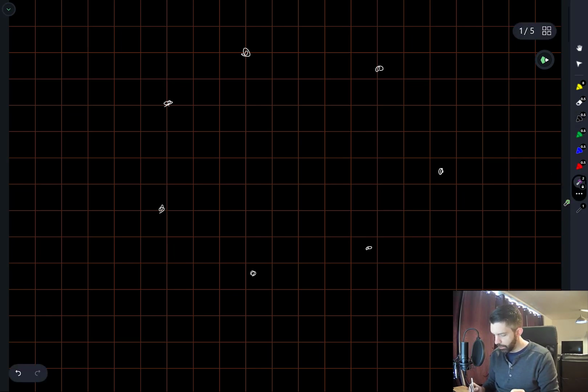What we can do is always assume that person A is fixed at one point, and then we just have to think about where person B could possibly sit. So if k is equal to 1, there are 2 seats where person B could end up 1 seat away. If k is equal to 2, there are also 2 seats, and if k is equal to 3, there are also 2 seats.